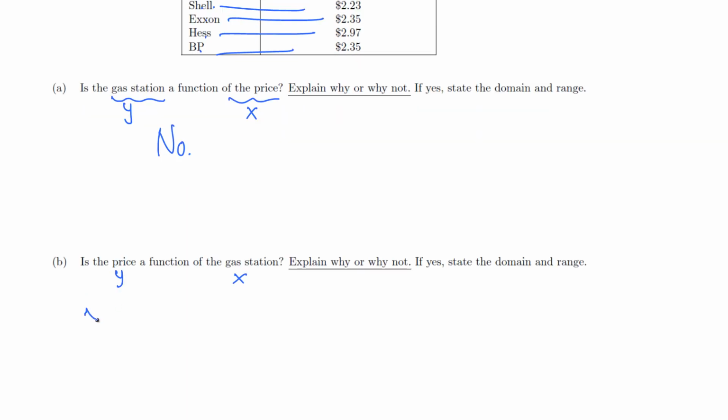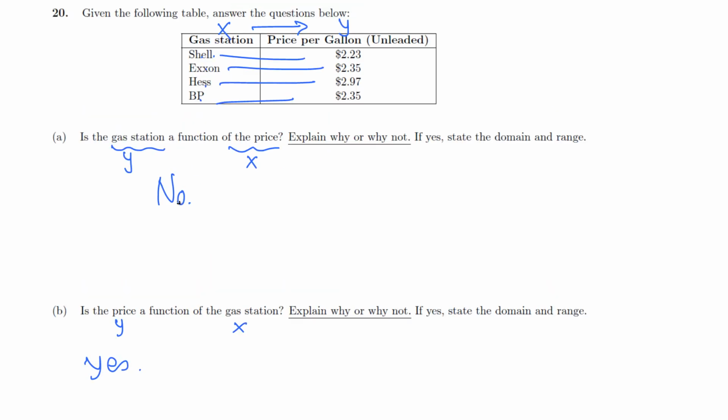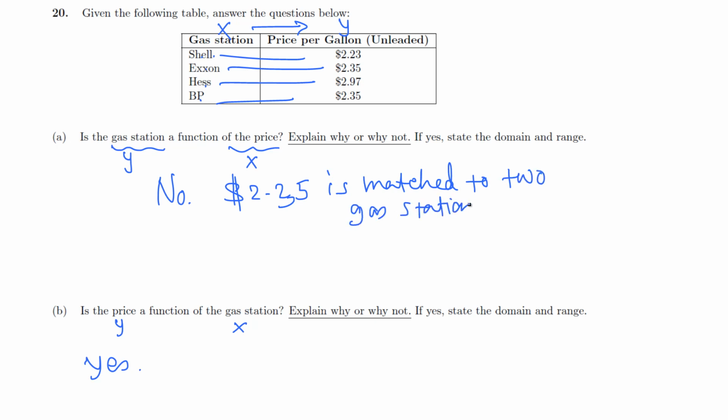That means yes. Sorry, I forgot to explain. No, because for the previous one, 2.35 is mapped to two gas stations, namely BP and Exxon.